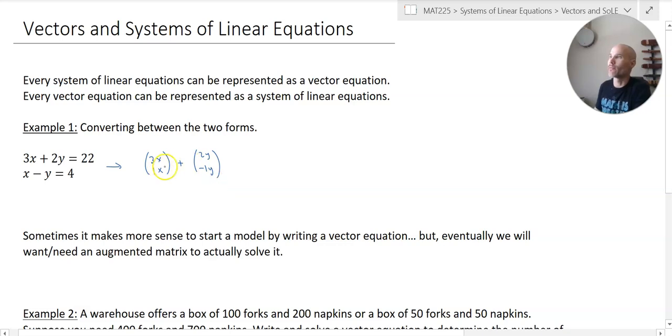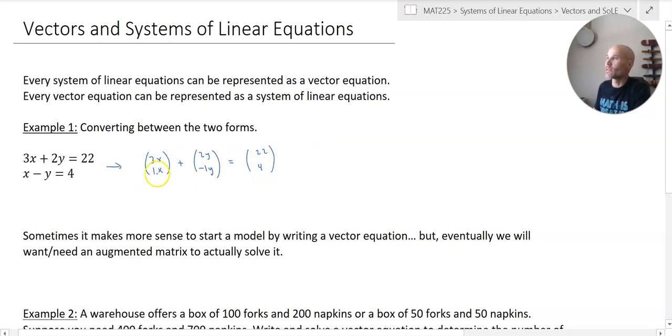As we know about adding vectors, we add straight across, we add the components. And so this still reads 3x plus 2y and 1x minus 1y. However, it's really just one expression instead of two separate ones, because it's one vector expression, even though it's two separate expressions combined. And then lastly, I will also do the same thing with my constants on the right.